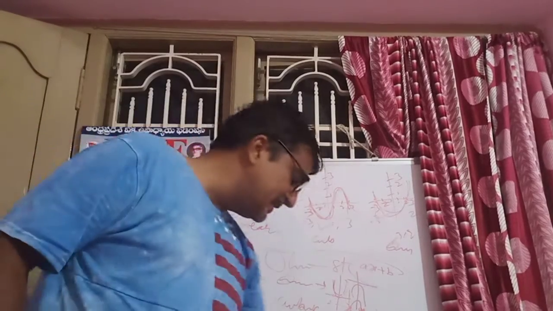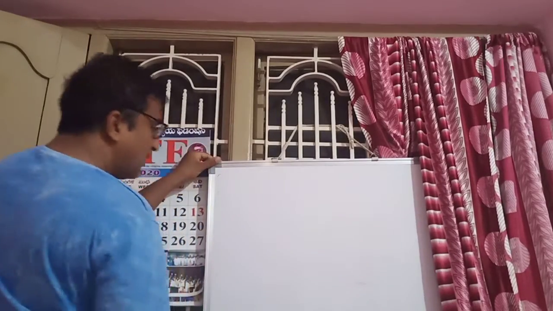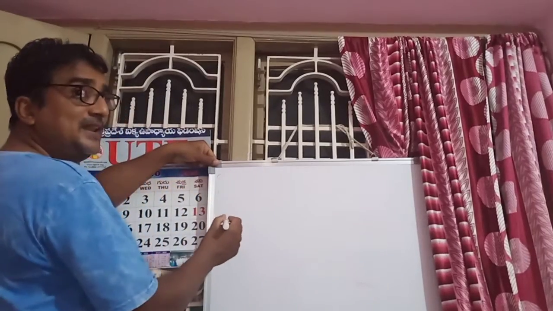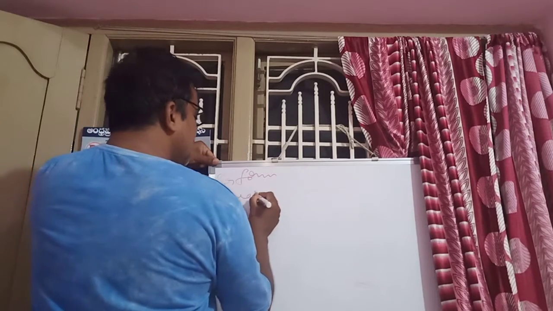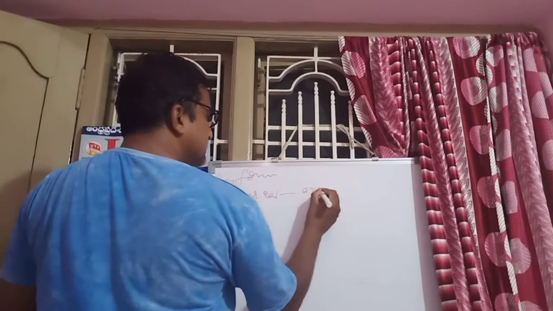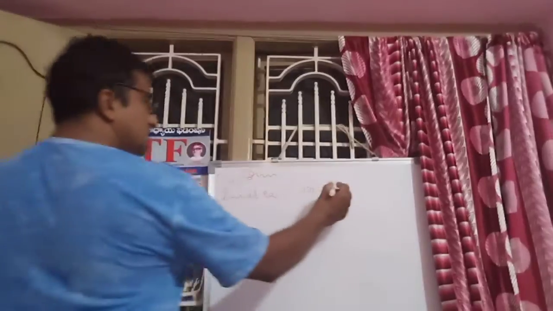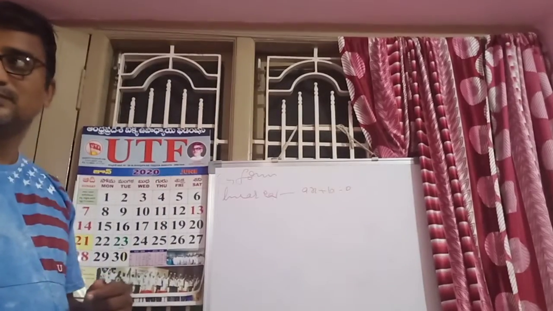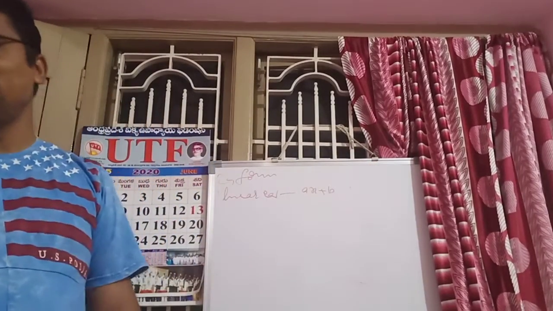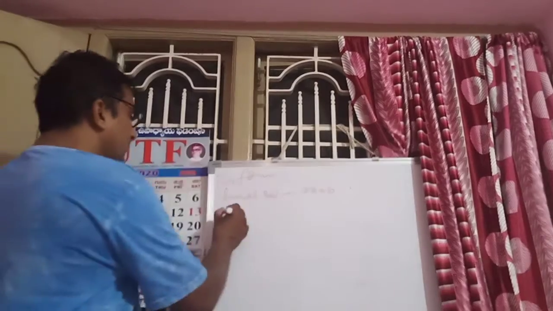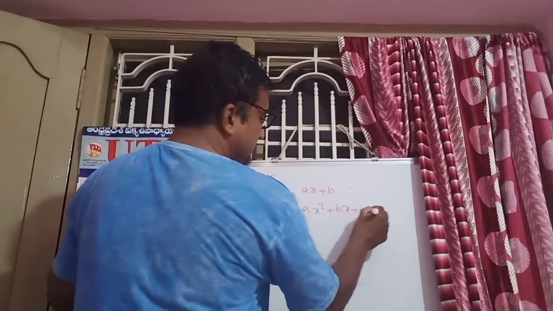Now, again I will repeat these graphs. I am writing here the general form of the polynomials. First one, linear equation, that is ax plus b equal to 0, or the linear polynomial ax plus b. Next one, quadratic polynomial: ax square plus bx plus c.